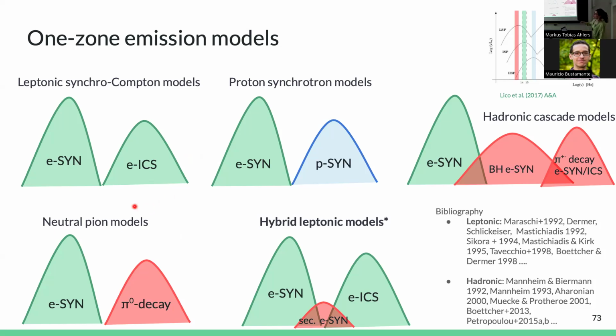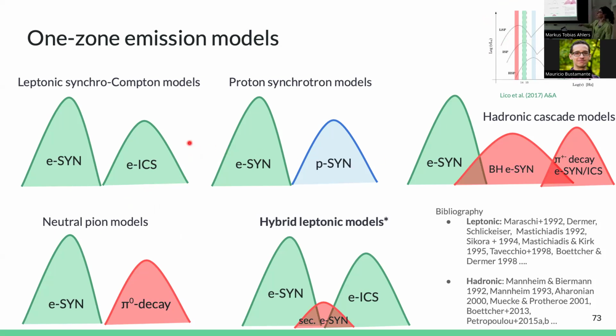Remember this two-component spectrum that we saw before, that all AGN jets have, this two-component photon spectrum? The point is that as modelers, we want to have an idea of what is the origin of the first component, what is the origin of the second component, what is the mechanism that produces the second component.